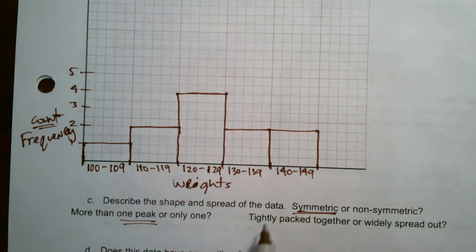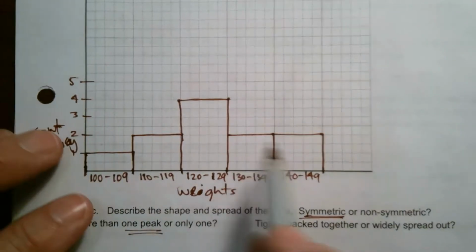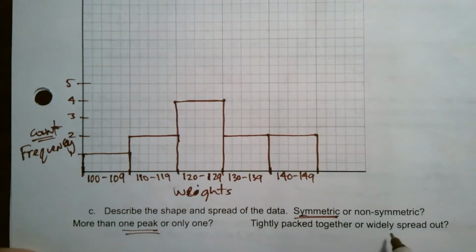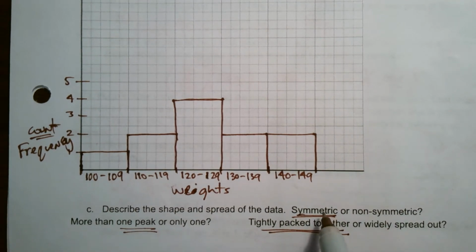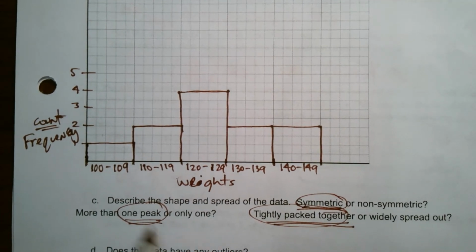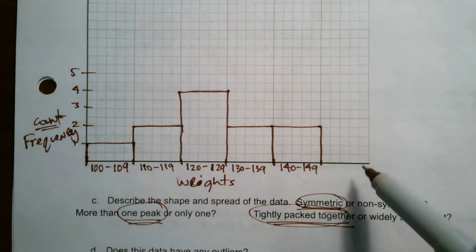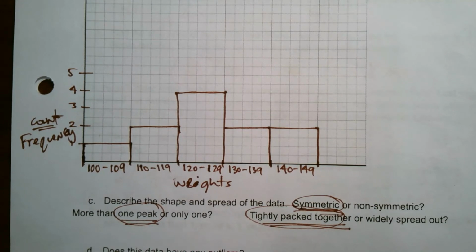I would say it's relatively closely packed because it doesn't have high outliers on the outside. So it's symmetric with one peak, tightly packed together. And then does this data have any outliers? An outlier would be some random bar way out here, or random numbers down in the higher numbers. So no outliers.